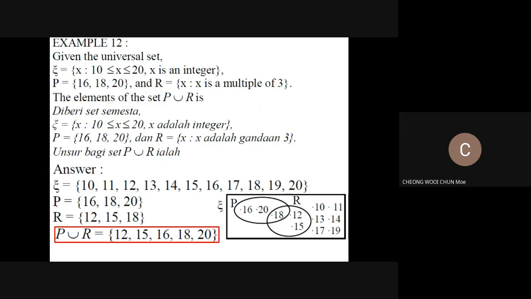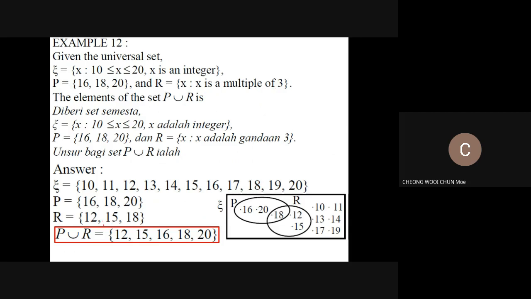Then example 12, the universal set is 10 to 20 including, so 10, 11, 12, 13, 14, 15, 16, 17, 18, 19, 20. Then P is 16, 18, 20. Then R is multiples of 3.